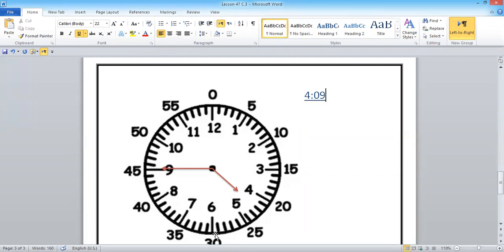Look, outside are the minutes: 5, 10, 15, 20, 25, 30, 35, 40 and 45. How many minutes have passed? 45. So 4:45 is the answer. Okay, sir, thank you. Welcome. 4:45 is the answer.